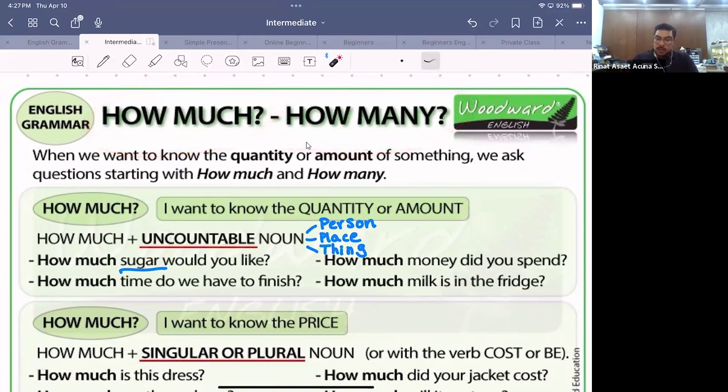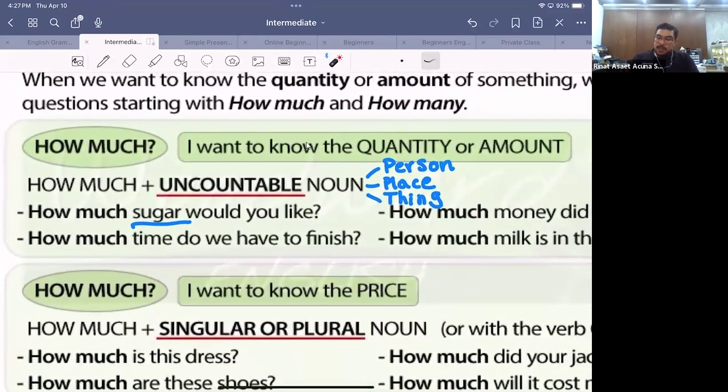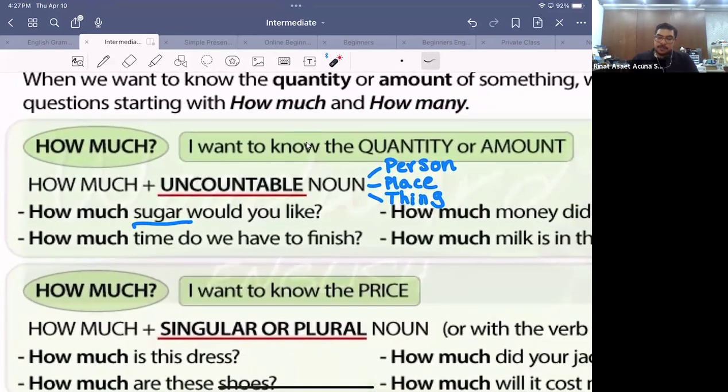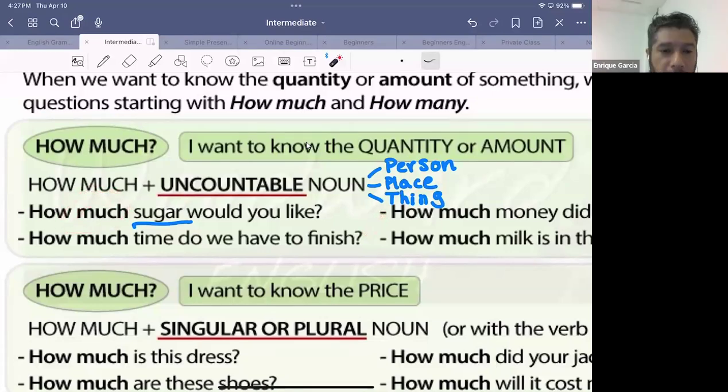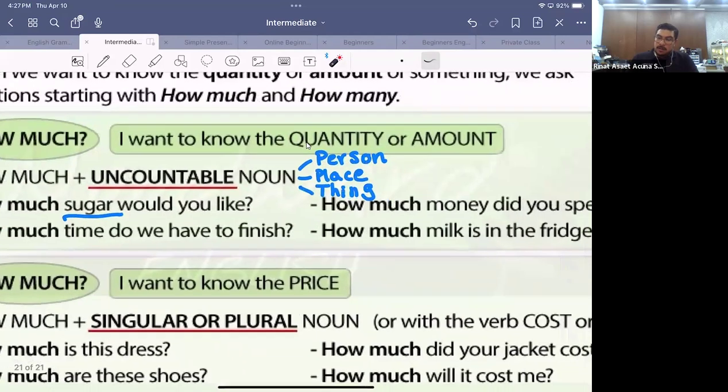Okay. So let's go back here. Read me this sentence right here. How much sugar would you like? Good. So using much. This one? How much time do we have to finish? Asking about quantity, how much time? All right.